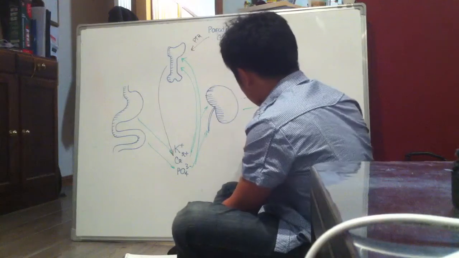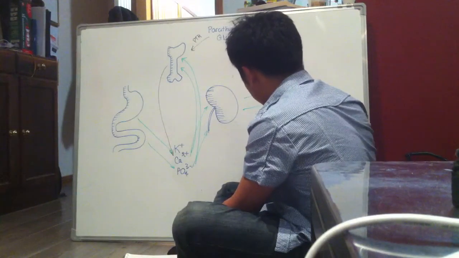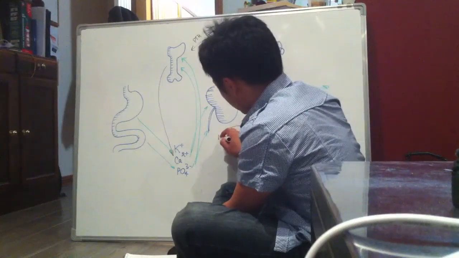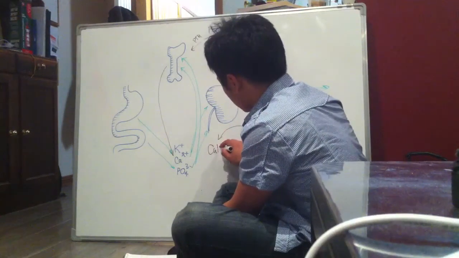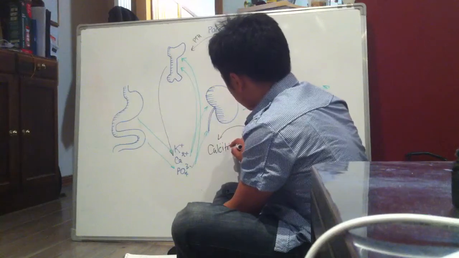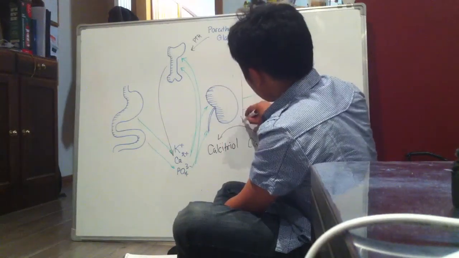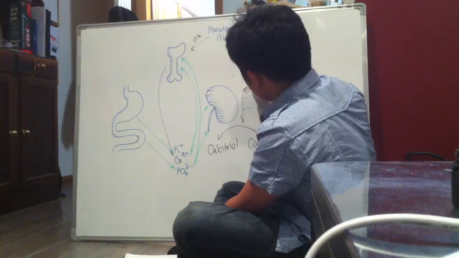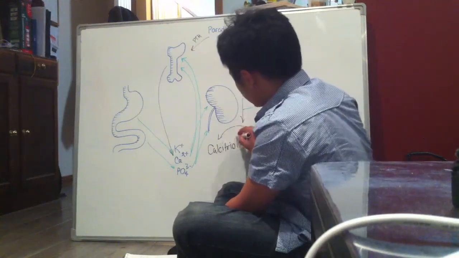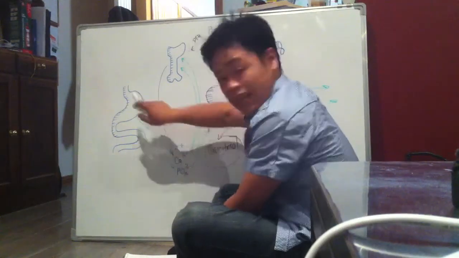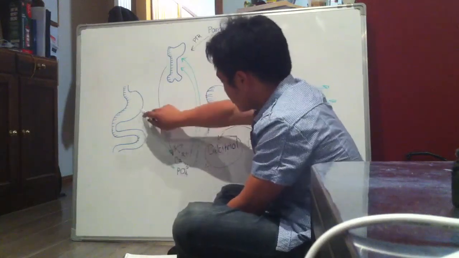Here, what the kidney also does is convert calcidiol into calcitriol. The parathyroid hormones also help with that, because we need calcitriol to facilitate the absorption of calcium from the gut.